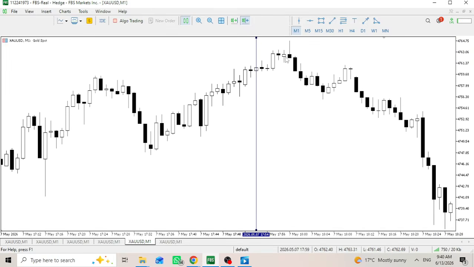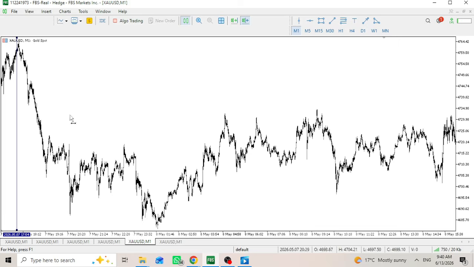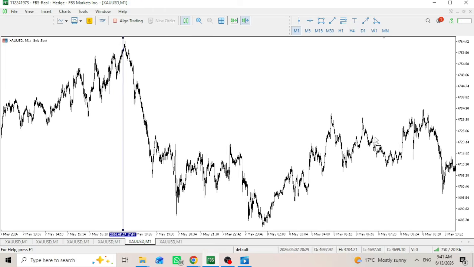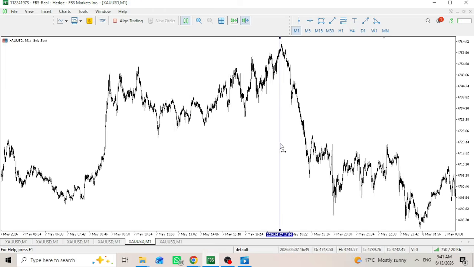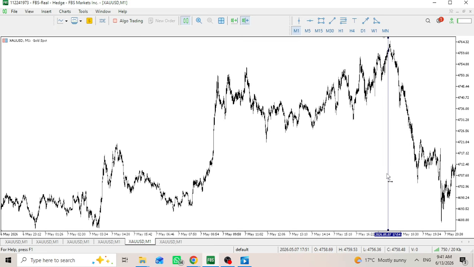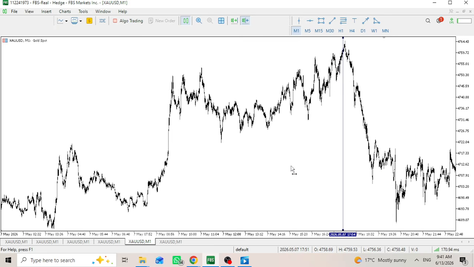This is 6 p.m. This candle is taking out the high of 5 p.m., making it the highest point of the day. If I compress this chart this way, you will see 6 p.m. on the 7th. That first 1 minute candle was the highest point of the day.